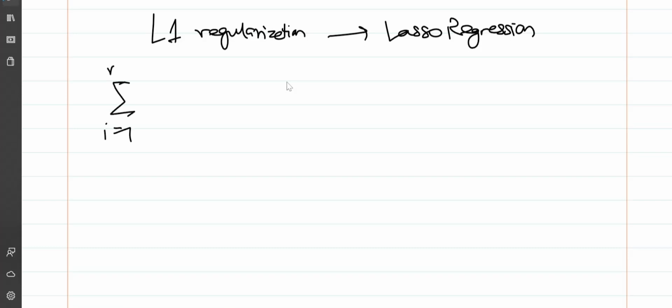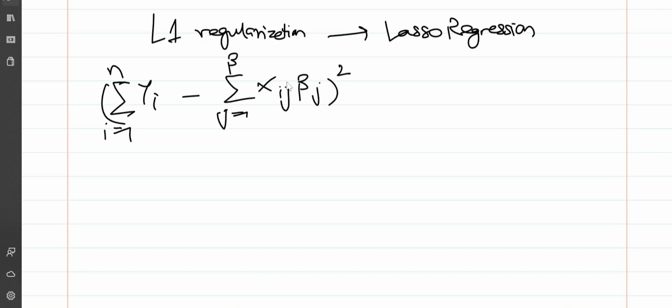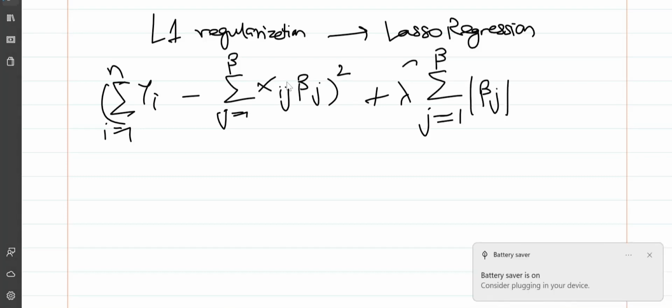Suppose we have this kind of a cost function. This lambda is the parameter that is actually modifying our cost function.